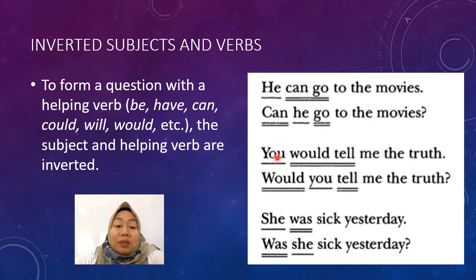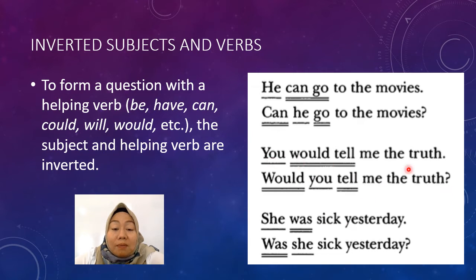Another example, you would tell me the truth. This is a statement. If you want to make a question, and we have a phrasal verb like this, would tell, then you only move the first one. So it becomes, would you tell me the truth? Not would tell you me the truth, no, but would you tell me the truth?